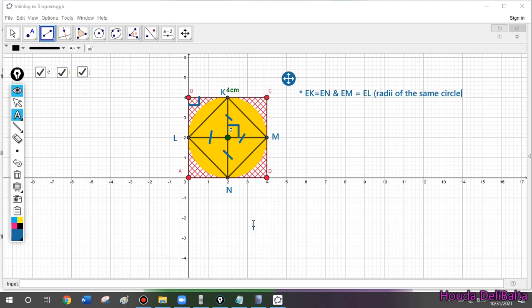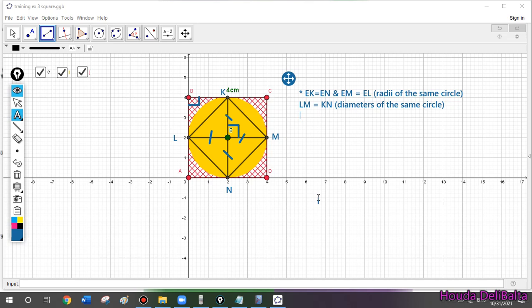That's a little revision for the circle. Also, we say that the diagonal LM is equal directly to the diagonal KN because they are diameters also of the same circle. We just need to prove them perpendicular.